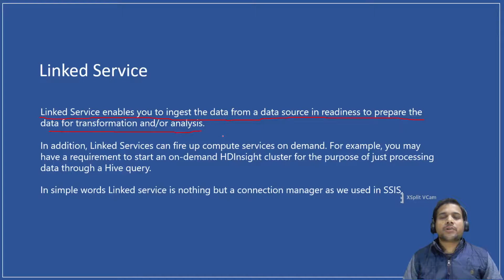In that situation, when you set up a pipeline, you first of all tell Azure Data Factory that these are the data connections, the data sources from where I want to ingest data, and this is where I want to put the data. Those connection strings are all called linked services.